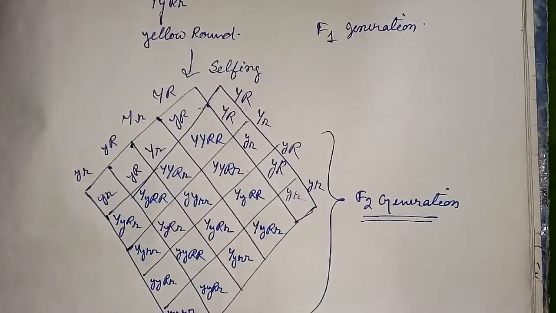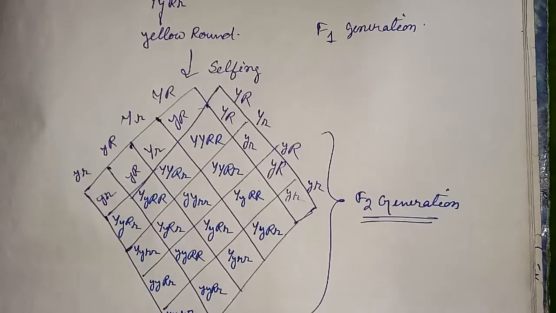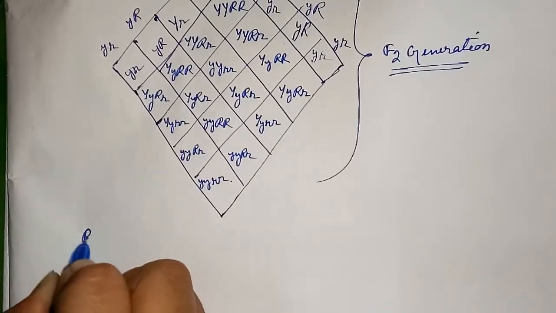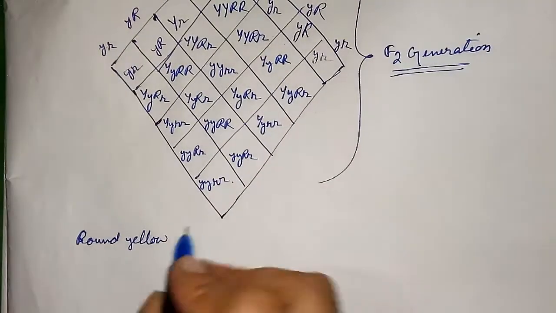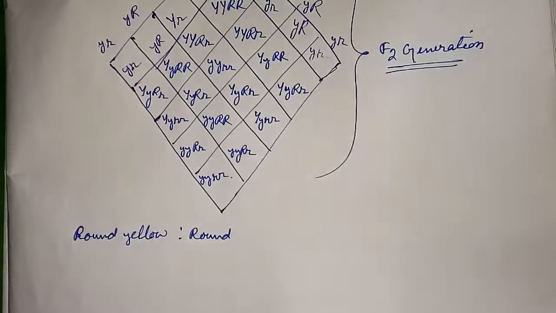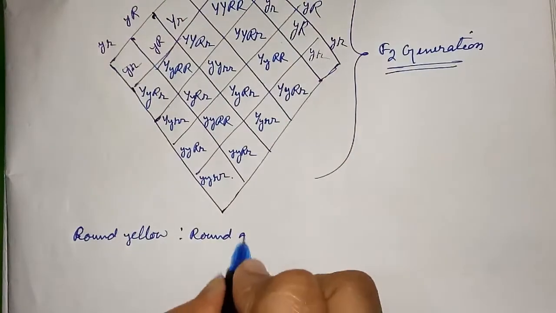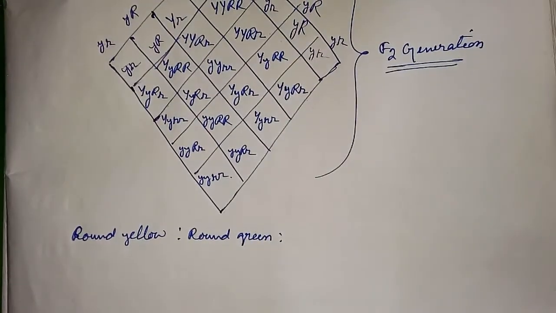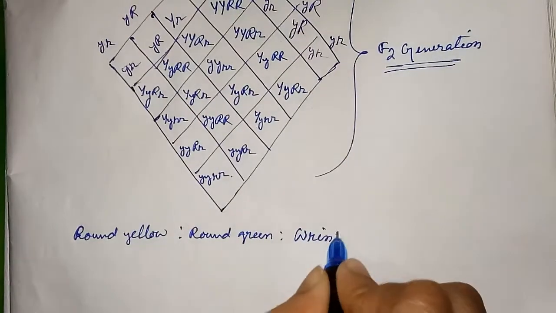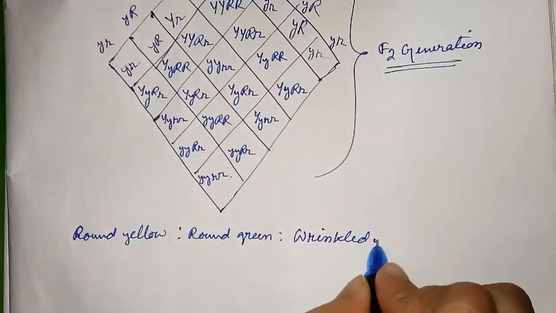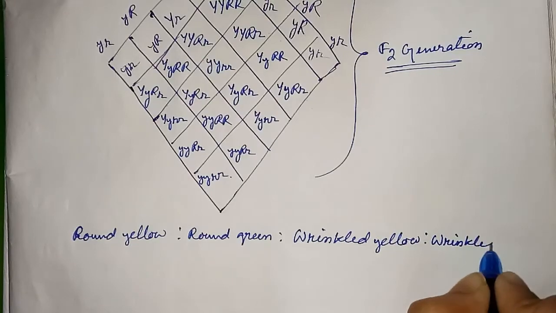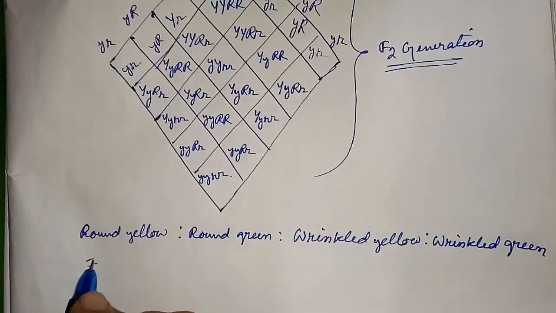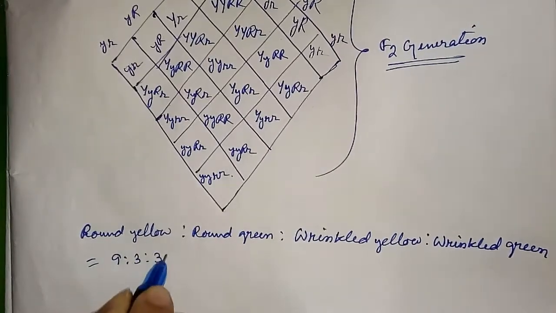Okay. So now the phenotypic ratio is round yellow is to round green is to wrinkled yellow is to wrinkled green equals 9:3:3:1.